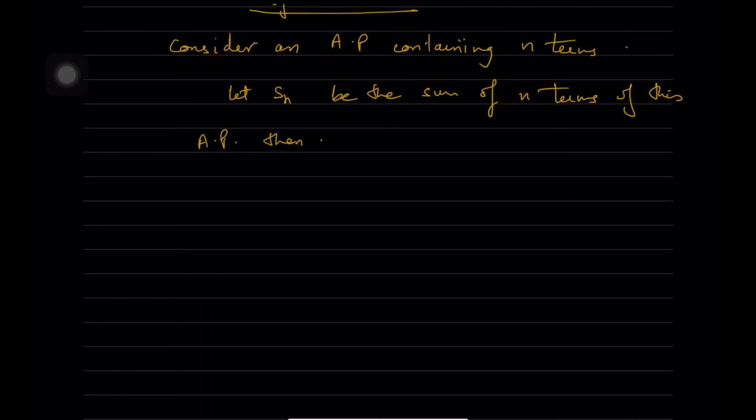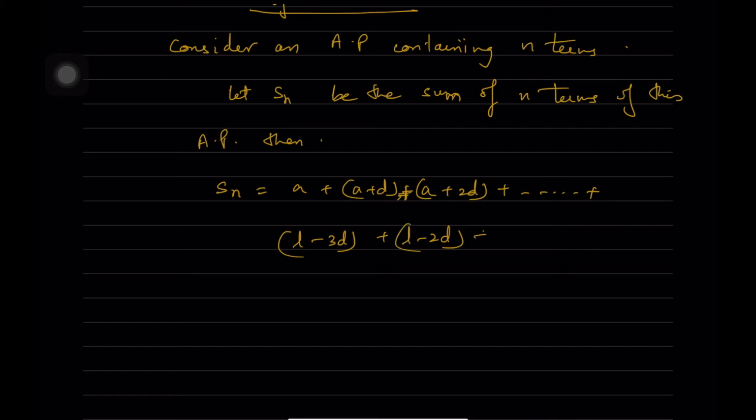Sn is equal to a plus a plus d, a plus 2d, so we are adding all the terms, plus and so on, plus l minus 3d, plus l minus 2d, plus l minus d, plus l. This is the first equation.